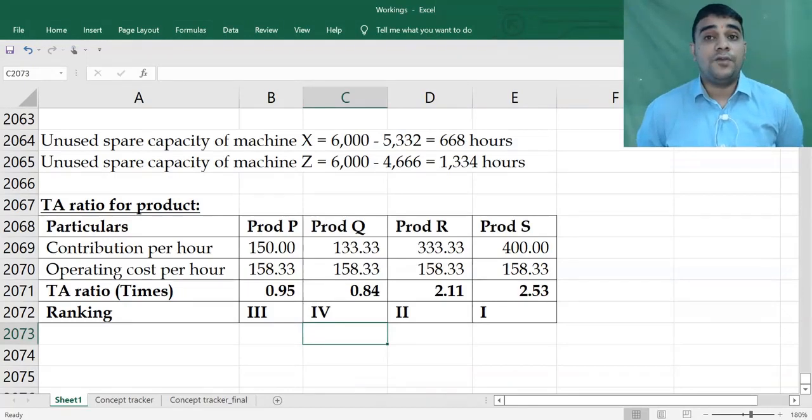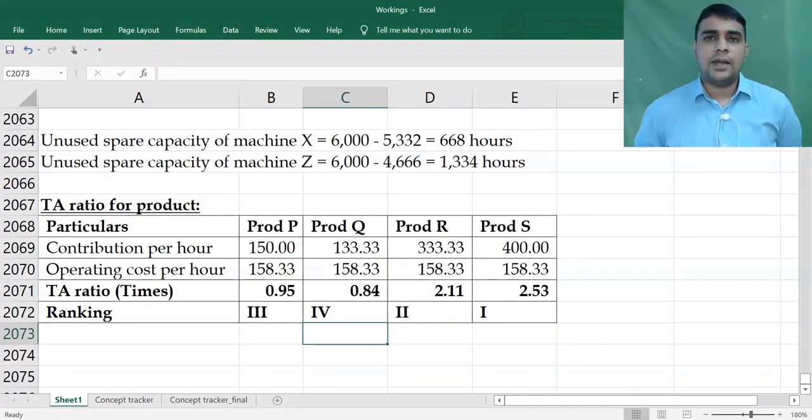Fixed cost is not only for one product? Yeah, all put together, correct. Everything is divided by 6,000 because 6,000 hours is equal to 9,50,000. For all products put together, you can utilize 6,000 hours.